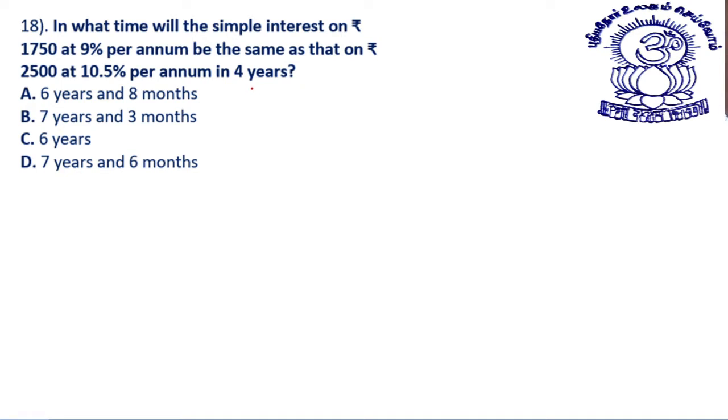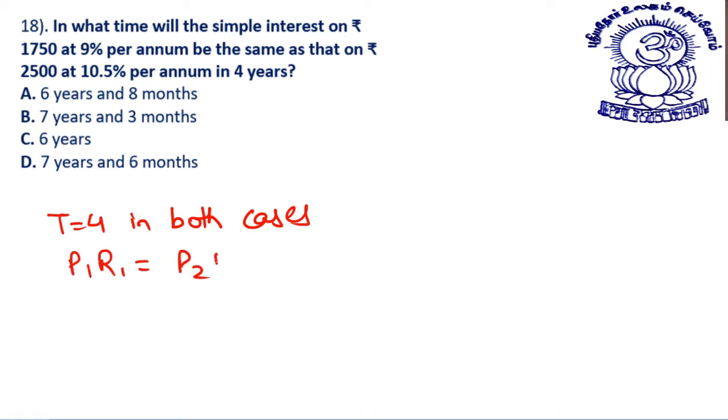So we see this time is 4 in both the cases. See, T is equal to 4 in both cases. So what I'll do is P1 R1 is equal to P2 R2. Let's look at the question. P1 is 1750, into the rate given to us as 9%.